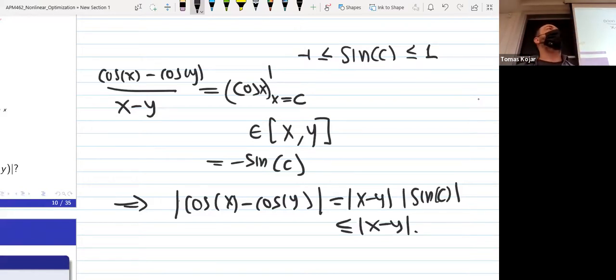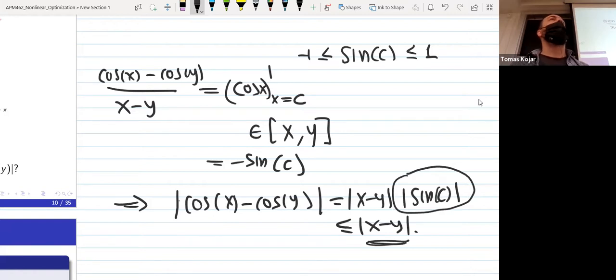So this is how we're going to use the mean value theorem in this course. We're going to have a function and we want to find this modulus, and we use the mean value theorem and bounds on the derivative of the function to get a growth bound on the function. So in this case, it tells us that the difference of cosine grows at most like x minus y. Is that okay?